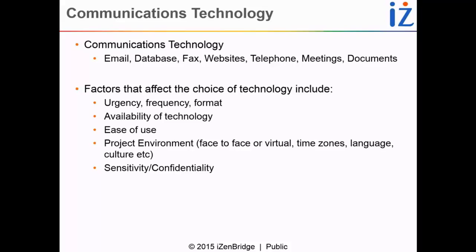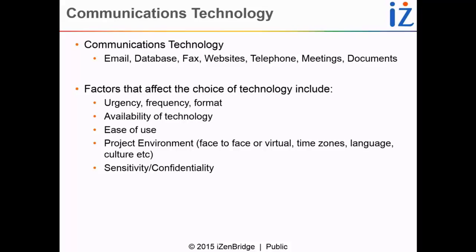I'm going to pick up the phone and just give whatever information is required. So the technology that you use is very much impacted by the urgency of the information, by the frequency. Again, if I have to provide an update every hour, it's unlikely to be a 1-page or a 5-page written document. It's going to probably be a couple of lines.